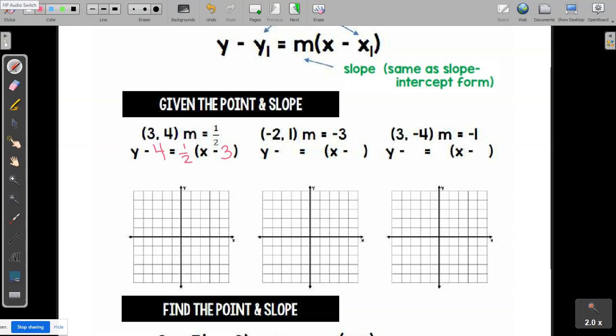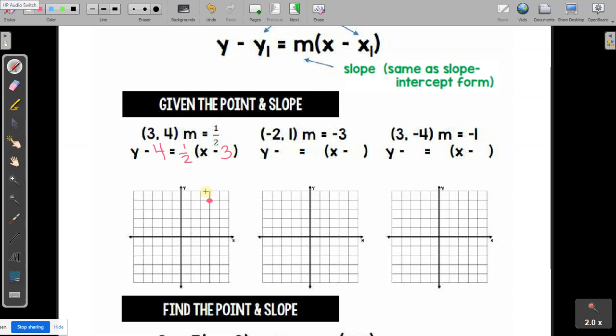And then we have to graph it. So to graph it, we are going to graph the point 3, 4. So we go over 3, up 4. And then we have our slope of 1/2.